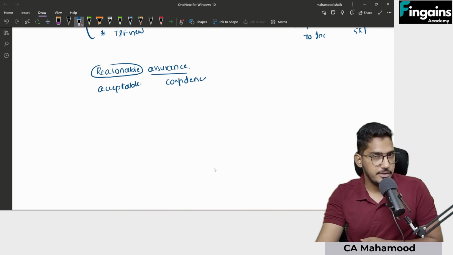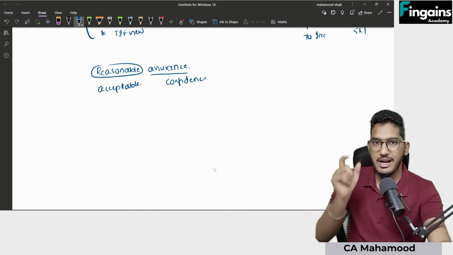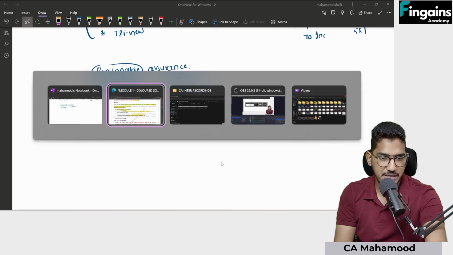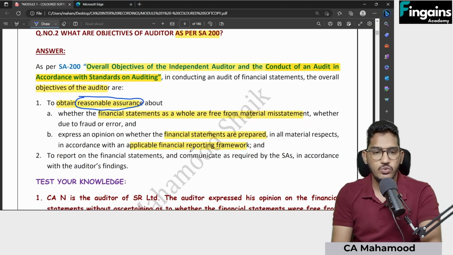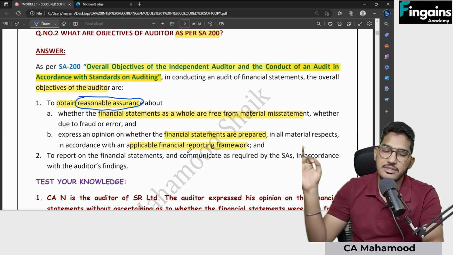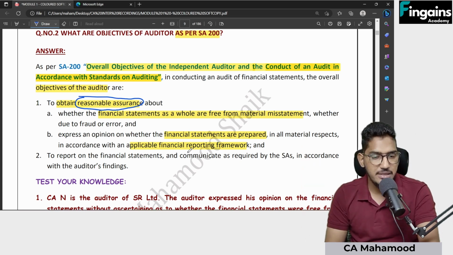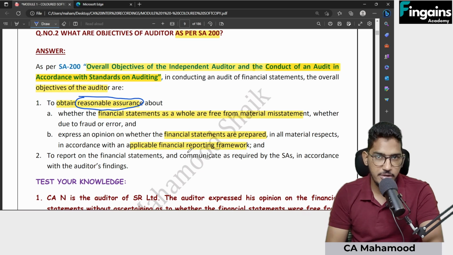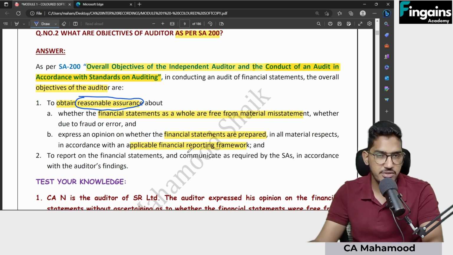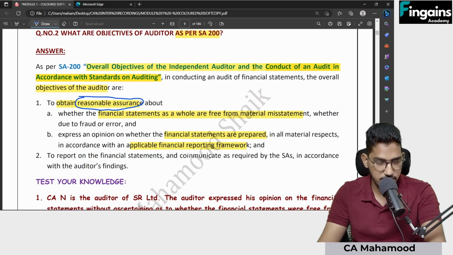Then you express the opinion. Understood? So just understand this term regarding reasonable assurance. Reasonable assurance means an acceptable level of confidence, and as per SA 200, the auditor should get an acceptable level of confidence that financial statements are free from material misstatements and they are prepared as per the applicable financial reporting framework. More on reasonable assurance later. So one objective is this: the auditor should have a high level of confidence.